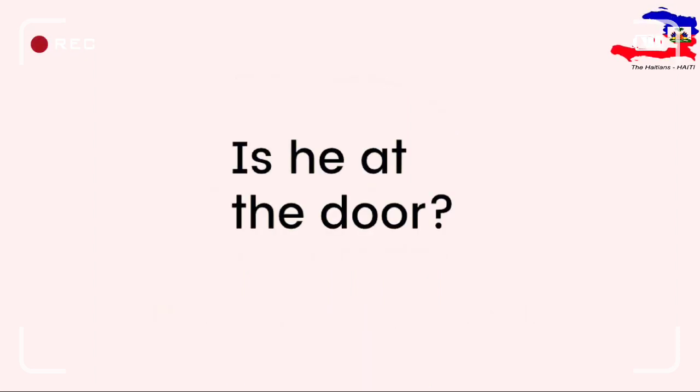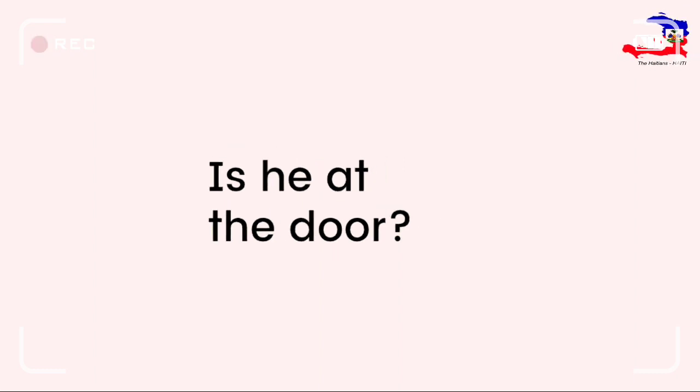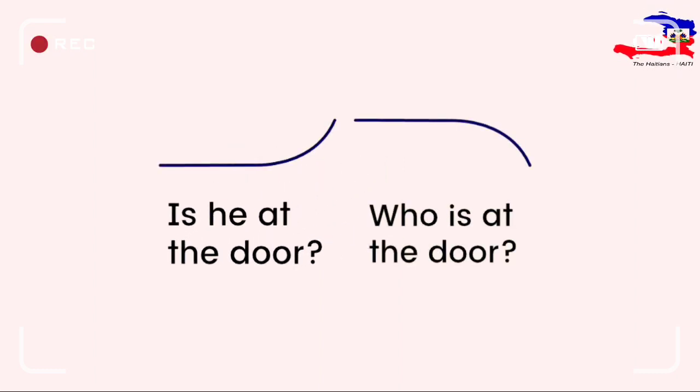Some questions end in rising intonation. This means that our voice should go up or be high at the end of the sentence. For example, is he at the door? Listen as the voice goes up at the end of the sentence. Is he at the door? Listen to the difference between rising and falling intonation in these questions.